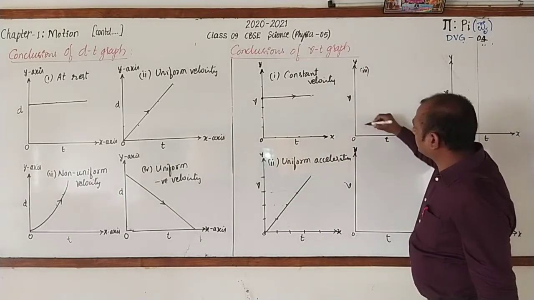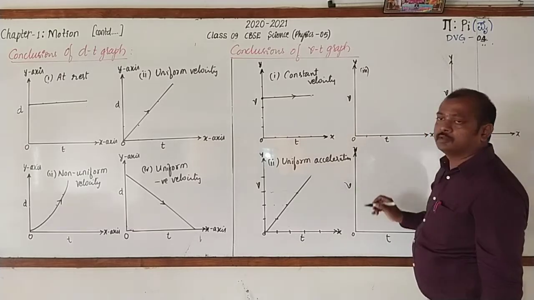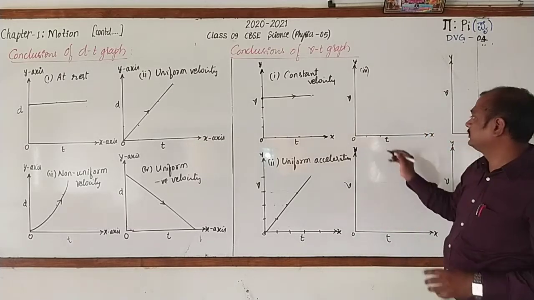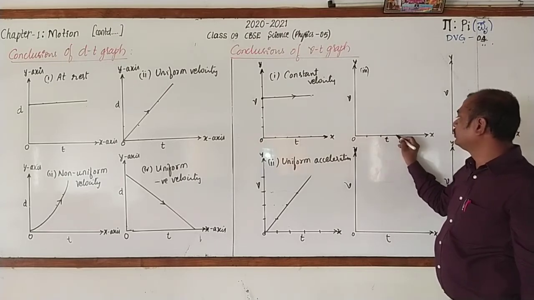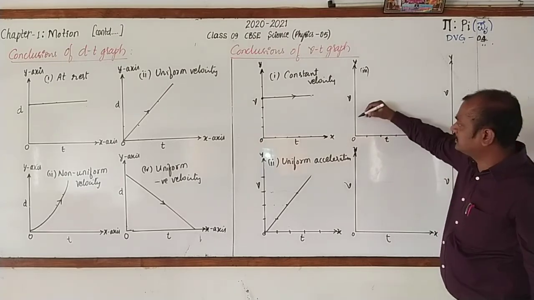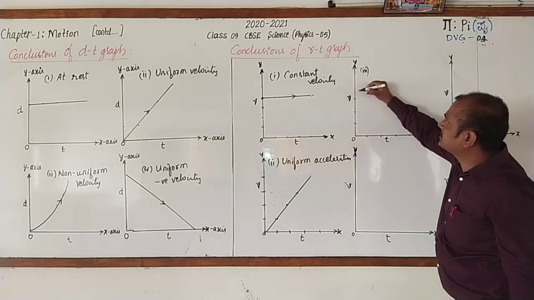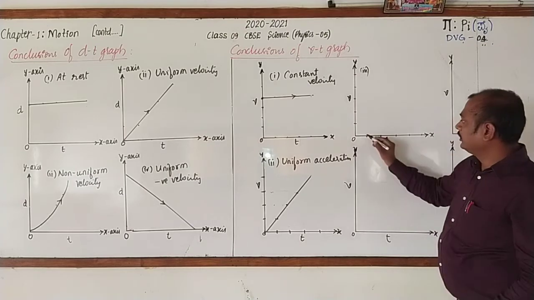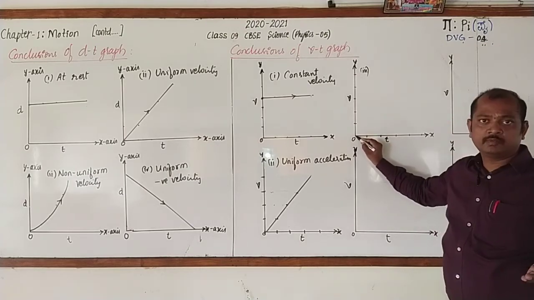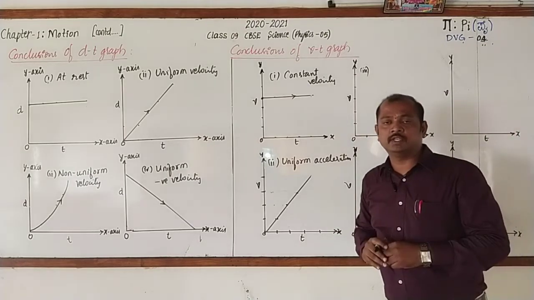Look here. Here again I'm going to mark the points which represent the time on the time axis. 1 second, 2, 3, 4, 5 like this. Here 2, 4, 6, 8, 10 meter per second. Look here. In 0 time, the velocity of a body is 0.